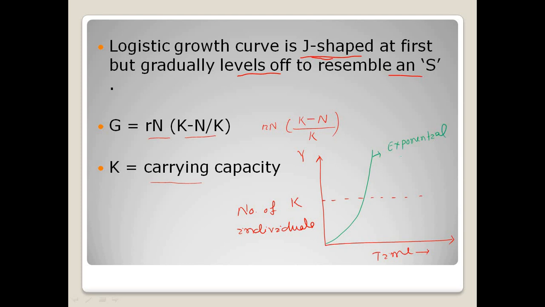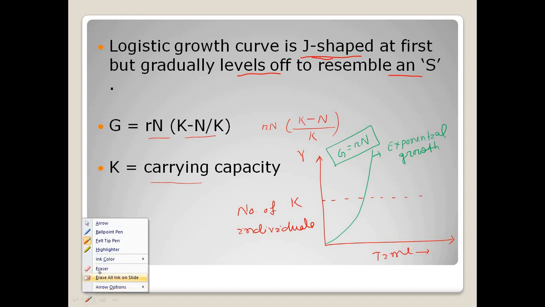Exponential growth has the formula G equals rN, so we can calculate exponential growth with this formula. This one is logistic. Initially it increases, then it levels off.